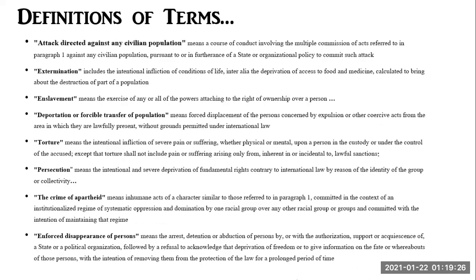Extermination. Now, we know that this is something that is being kept an eye on, especially with the elderly population. This includes the intentional infliction of conditions of life, inter alia, the deprivation of access to food and medicine, calculated to bring about the destruction of part of a population.